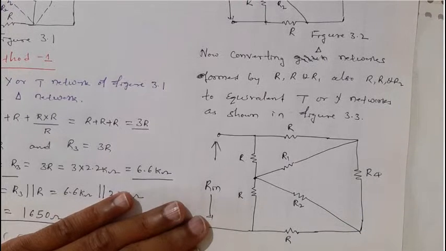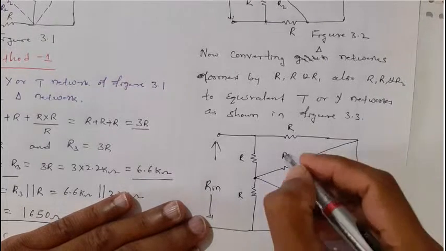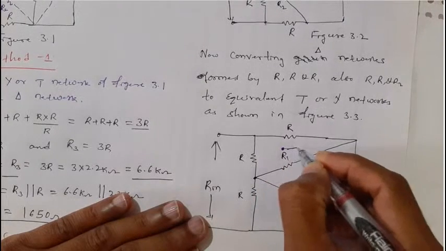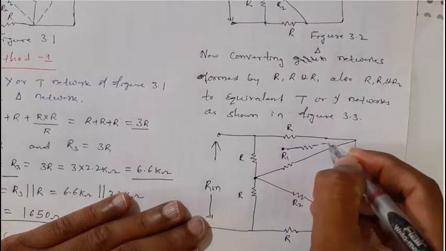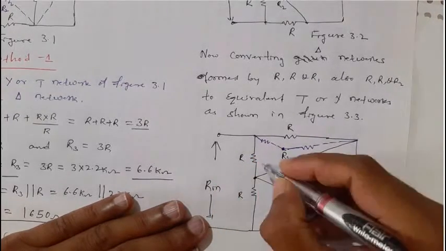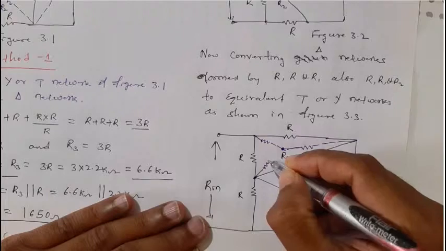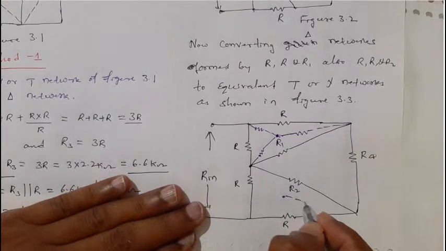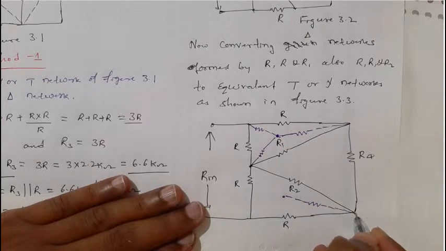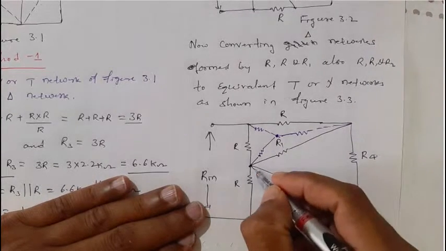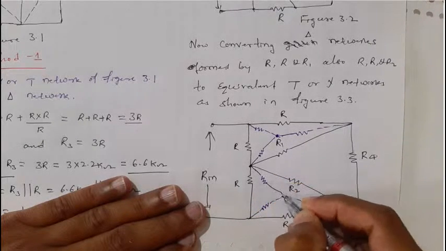Now these two delta networks I will convert to an equivalent Y. One resistor will get here, another one will get here, and the third one is here. Similarly here also, one is here, second one and third one.